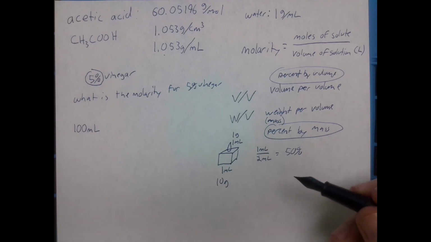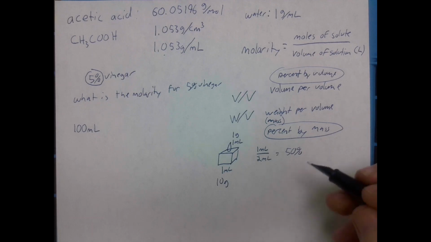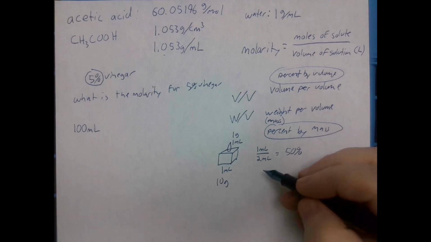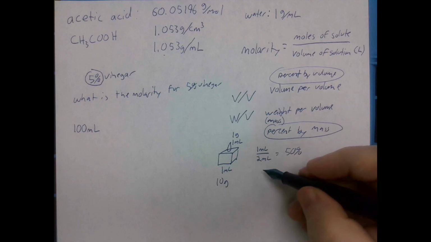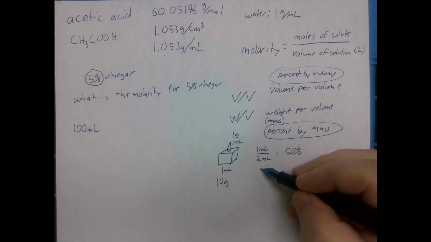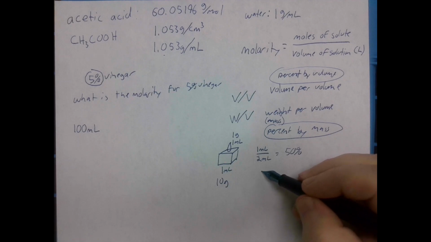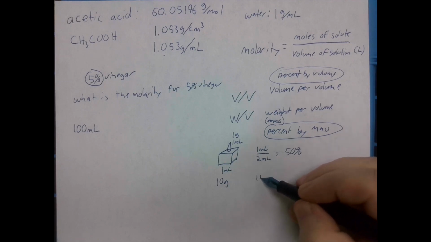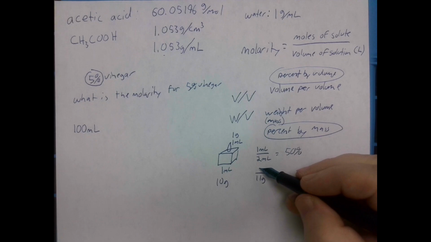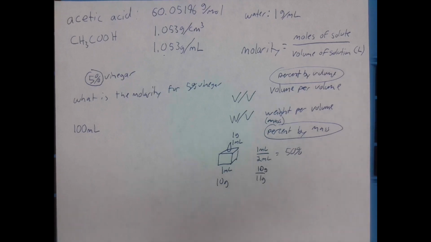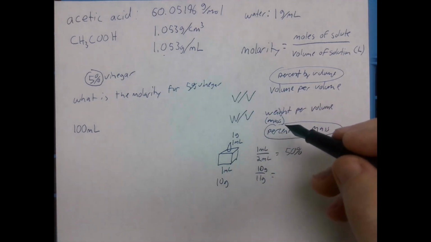However, if I did this by mass, it would be 11 grams total, and it would be 10 grams per 11 grams, which is odd because of the volume error. Maybe it's weight per weight is what I could be confused on.